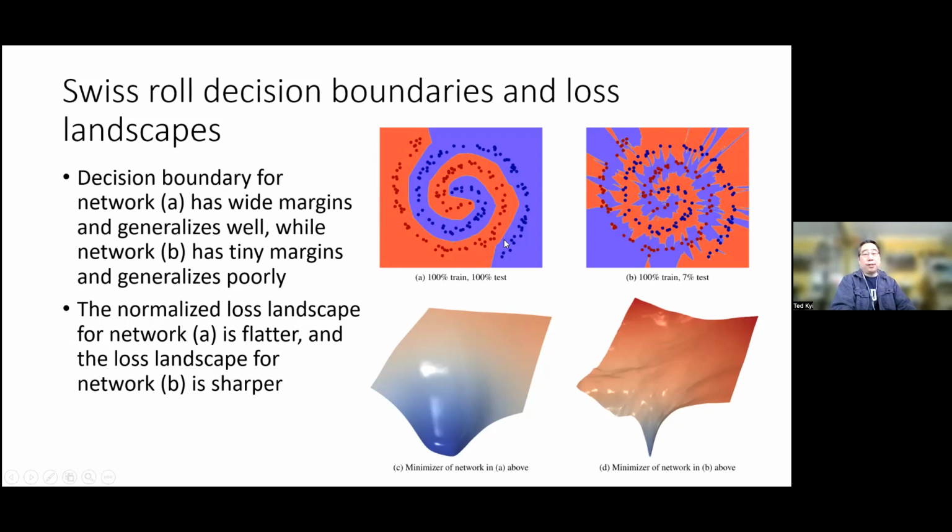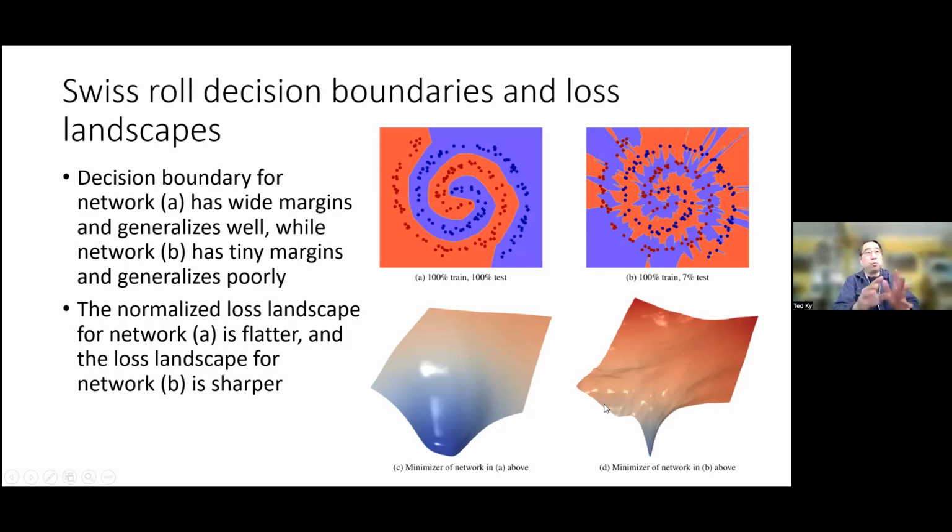So the cool thing is this is what the decision boundary looks like, but it's very difficult to picture decision boundaries once you get past 2 dimensions, possibly 3 dimensions. So there's a technique you can use to visualize the loss landscape, okay? Just trust the authors, trust me, that these 2 pictures at the bottom are normalized.